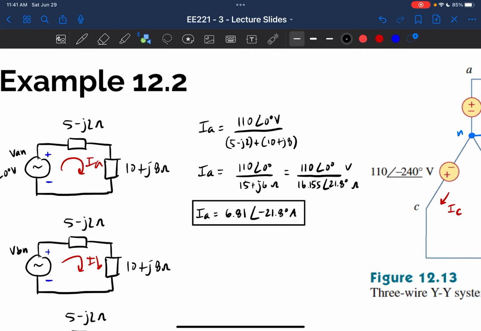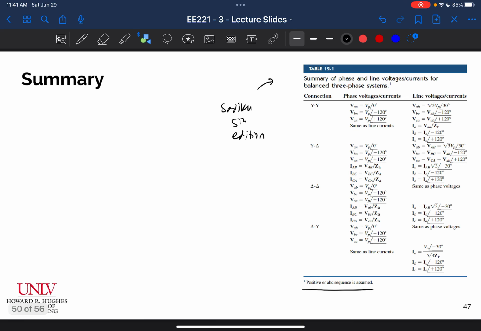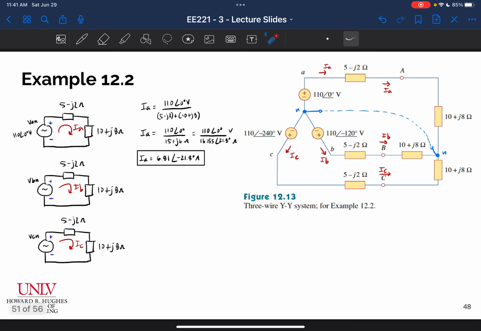Now I could go ahead and carry out this process for IB and IC, or I could go back and reference this table. Note that for the Y to Y connection, it says that for IA, all we need to do is analyze the voltage from A to neutral across the impedance. They're calling it ZY, but that's the impedance that we just analyzed, the sum of the impedance in my line plus the impedance in my load.